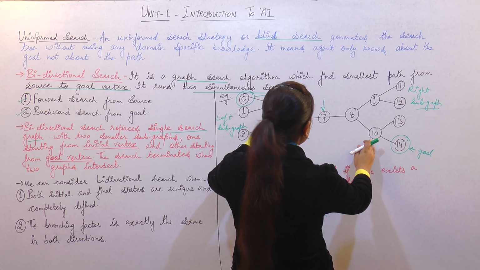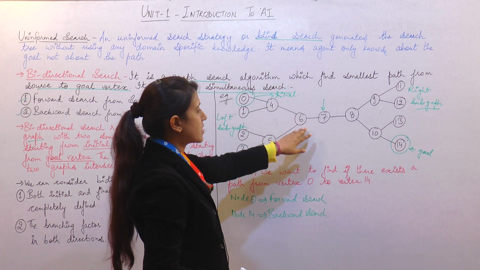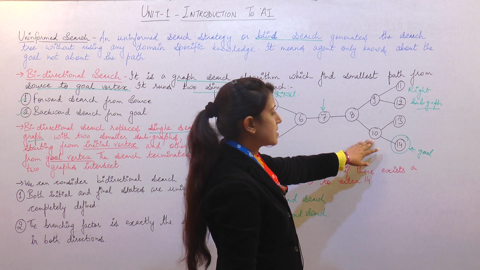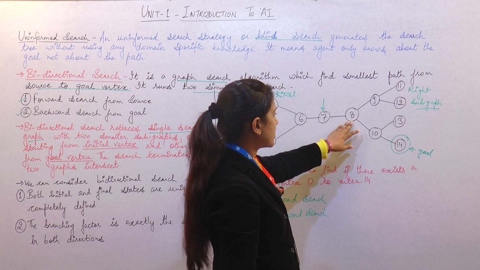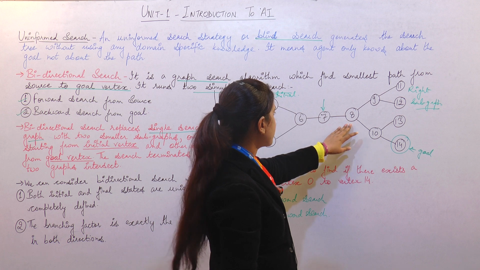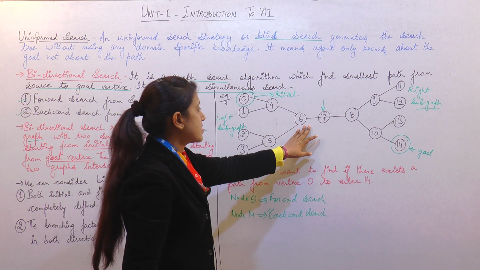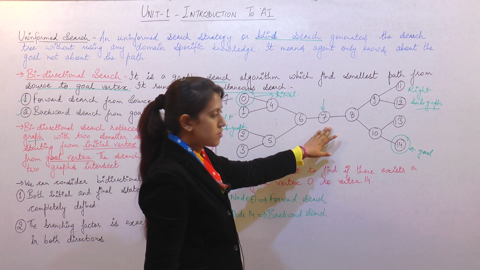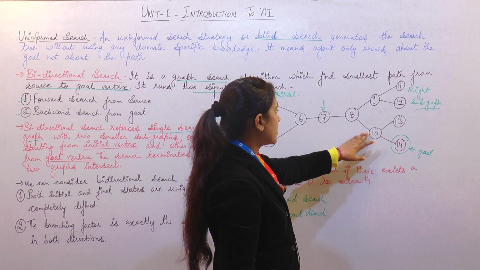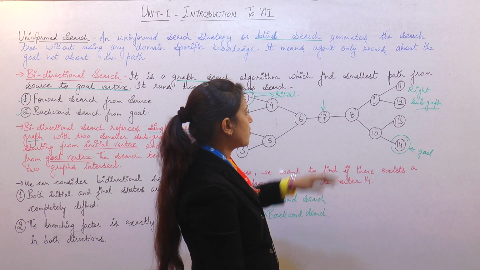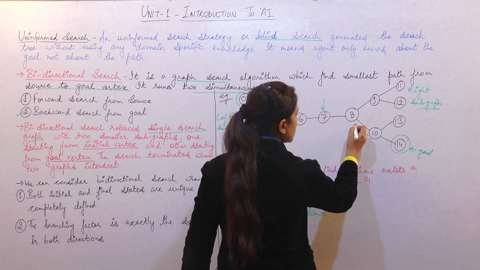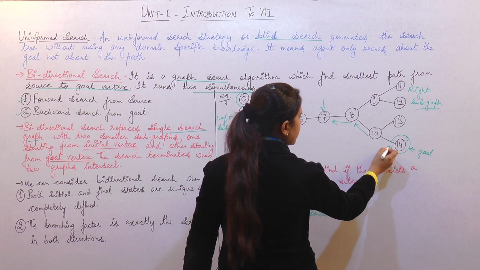Then after 4 forward search will move towards node 6, and after 10 backward search will move towards node 8. After node 6 the forward search will move towards node 7, and after 8 the backward search will move towards node 7.